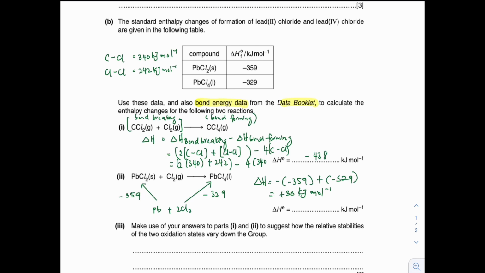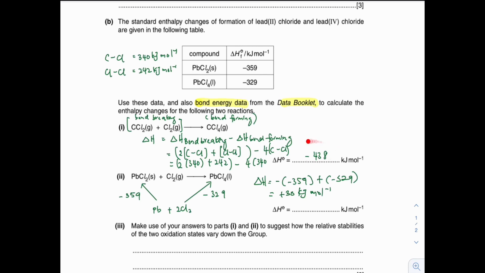Alright, so number 3: make use of your answers to part 1 and part 2 to suggest how the relative stability of the 2 oxidation states varies down the group. Although it involves something related to group 4 compounds, we're not going to talk about that, but if we just judge based on the enthalpy change, the enthalpy change that is more positive is not so stable.